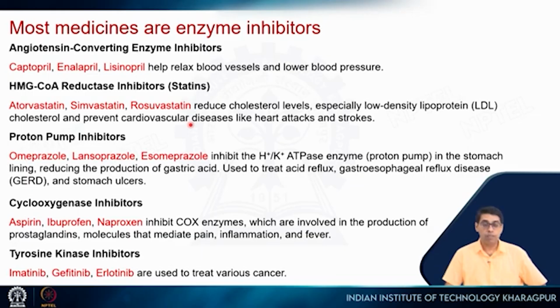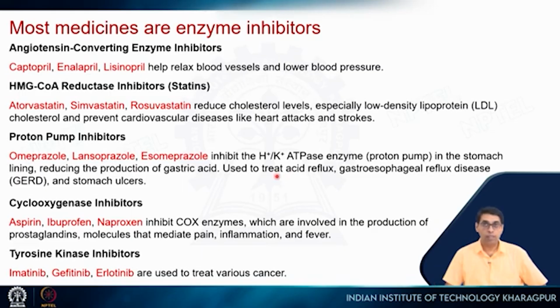When we eat something very oily or something very rich, we might get acid reflux or acidity. In that case, we take medicines like omeprazole, and other variants. These are proton pump inhibitors, and what they do is reduce the acidity.